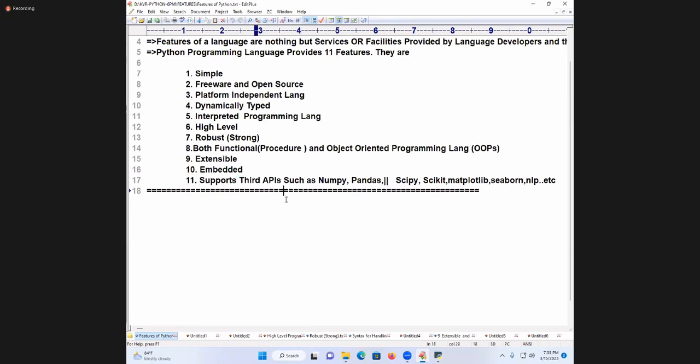So if somebody asks after the class, what is Python? You have to say, Python is one of the simple, freeware, open source, platform independent, dynamically typed, high level, robust, functional, object oriented, extensible, embedded, third-party API supporting programming language.